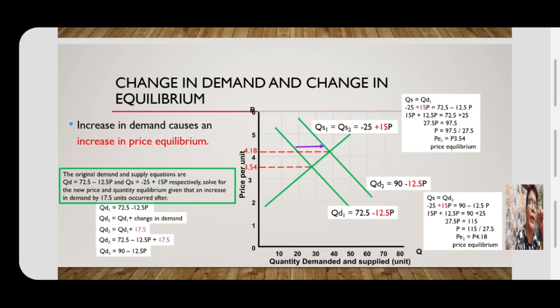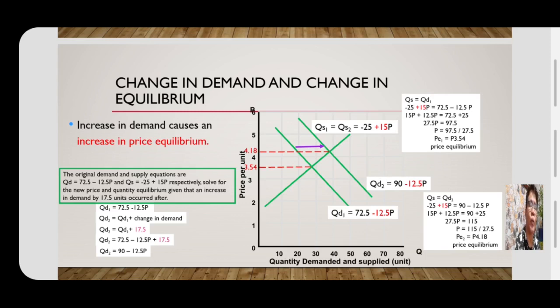So bringing again those terms with P to the left side of the equality sign, and those whole numbers to the right side, we have 15P plus 12.5P is equal to 90 plus 25. Solving for P, we have P is equal to 115 divided by 27.5.